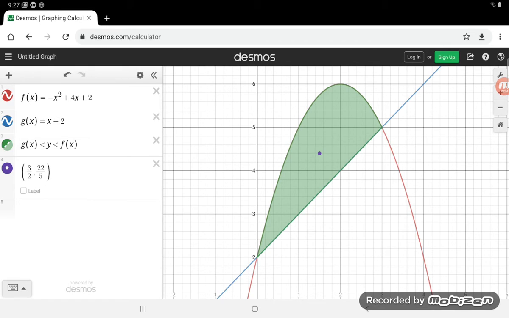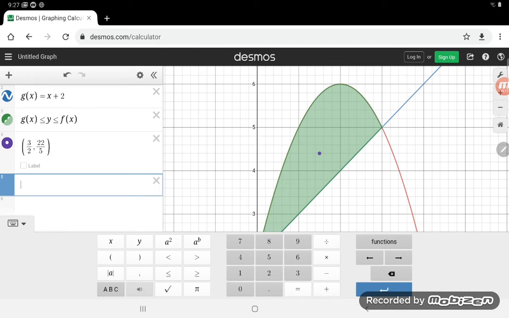That appears to be a good point there. So this is 1.5 and 4.4, and then we can check some things.